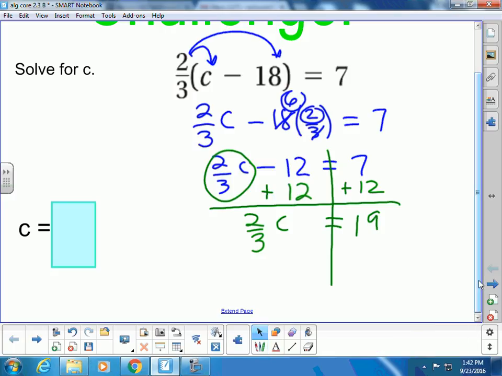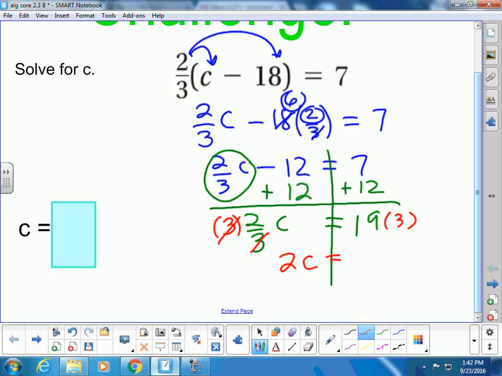Next step, I have to get rid of that 2/3. We can do it two ways. First, I could get rid of the divide by 3 by multiplying both sides by 3. That would cross off with that, and I would have 2C equals 19 times 3, which I believe is 57.